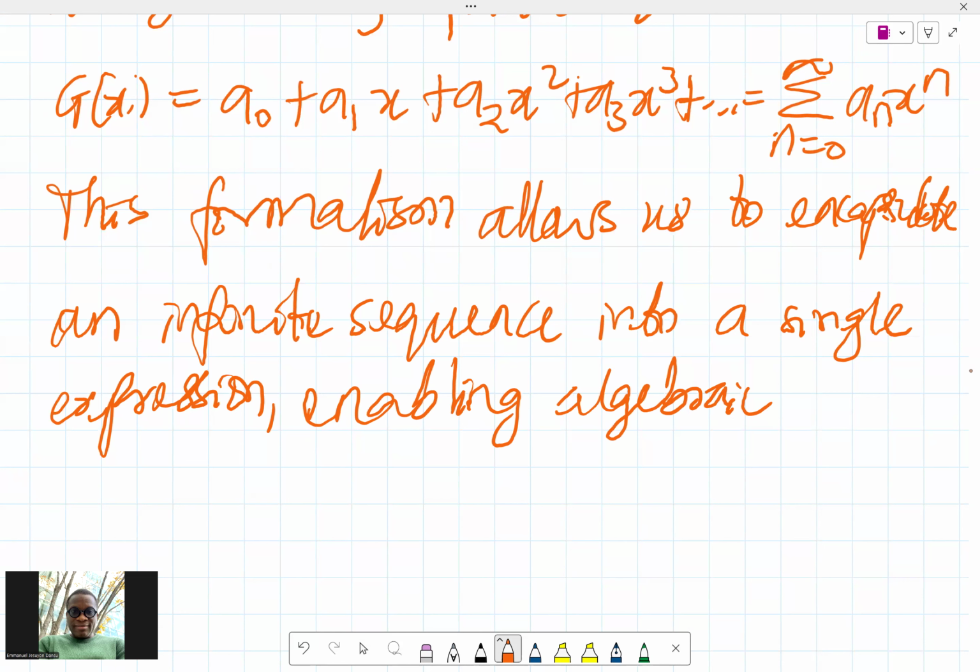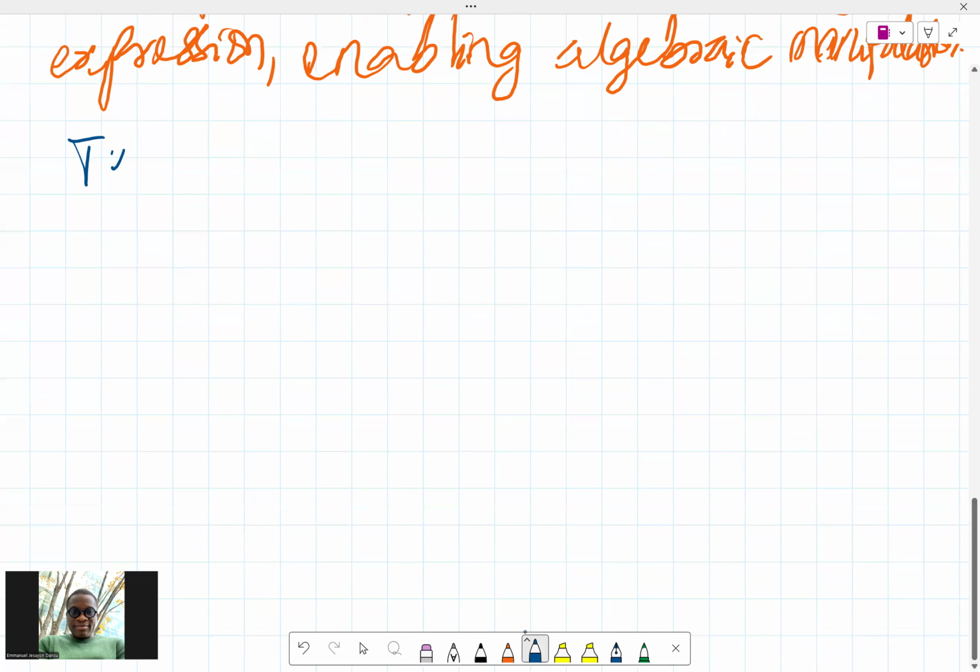So, having said that, let's talk about types of generating functions.